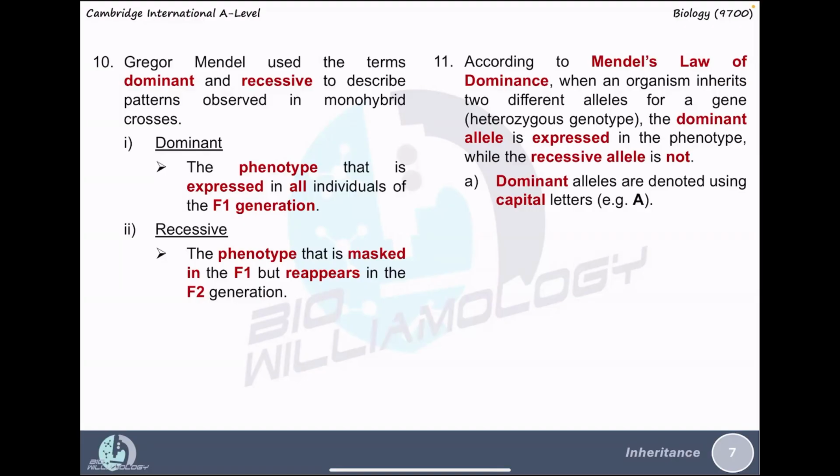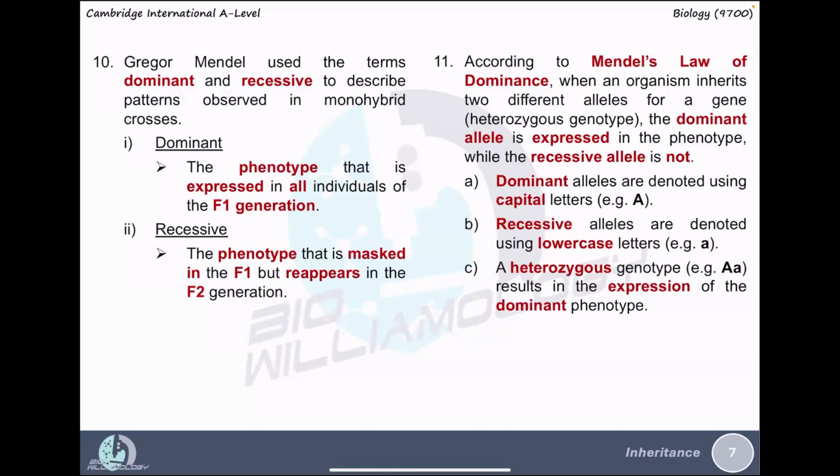Dominant alleles are denoted using capital letters, and recessive alleles are denoted using lowercase letters. A heterozygous genotype results in the expression of the dominant phenotype, as the effect of the dominant allele masks the effects of the recessive allele.